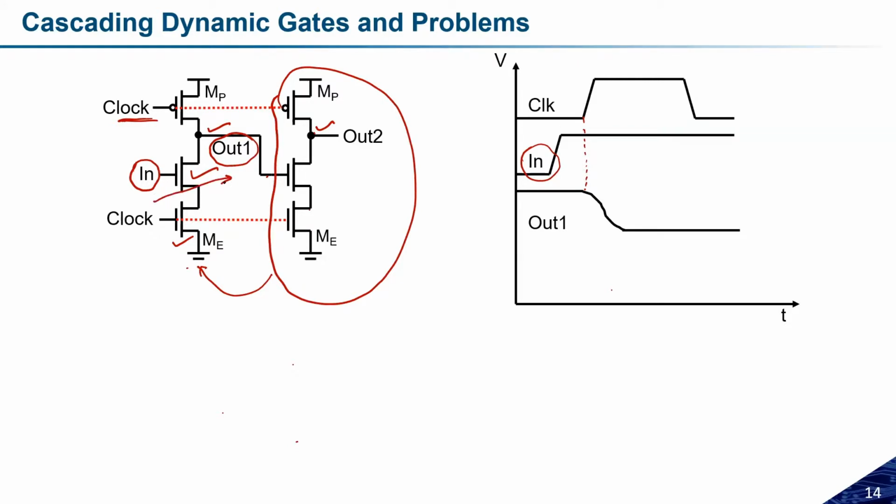So input cannot be reflected at the output at time 0. It will take some time, and until that delay passes, the input of this transistor is treated as logic high. Because it was initially charged, it will be treated as logic high, so this will be in the on state and this is always in the on state.